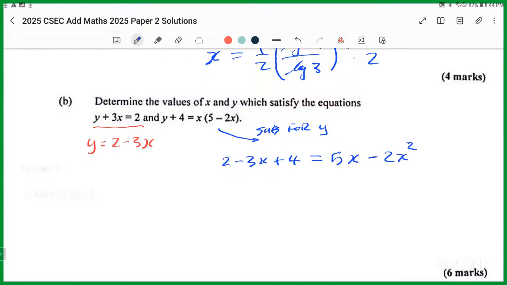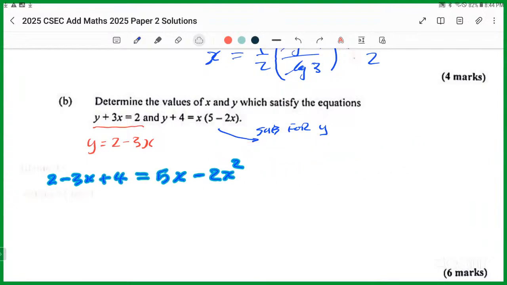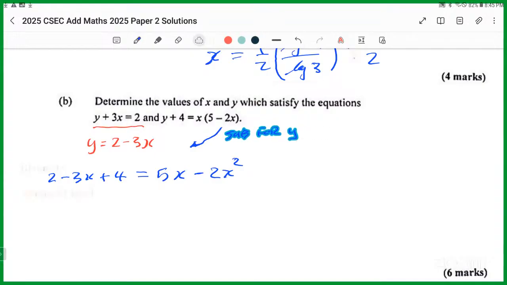Not a lot of space to work with, guys. So maybe I need to do this part on the left over here, and still say sub for y. Put the arrow pointing this way. Sub for y. That's what I'm doing here.